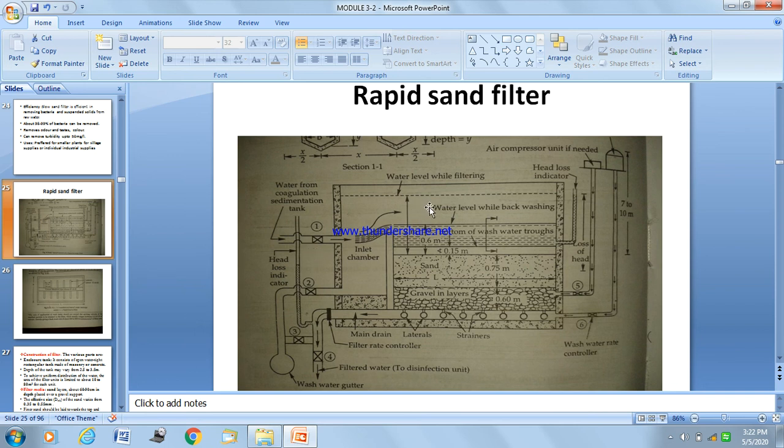Again you are passing water: the first valve is open, so water moves from the sand to gravel, to lateral, to drain, then it moves out through the third valve. If any waste particles are left, they can be cleaned here. You send that water to the wash water gutter for 3 to 4 minutes, so that any particles present are moved out. Once you get clean water, you close the third valve and open the fourth valve, so that the filtered water will be collected.